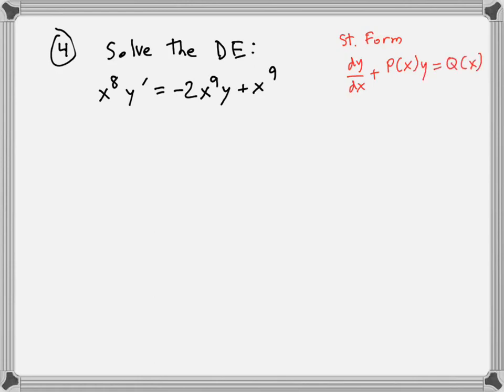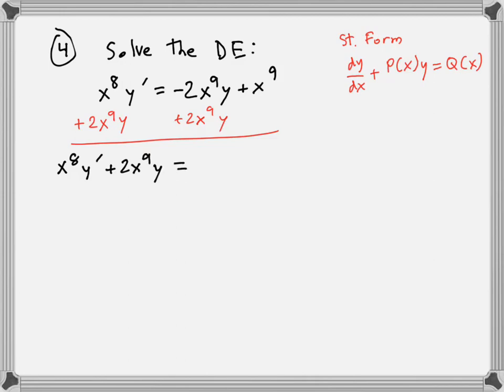So what we need to do is get everything with a y in it on the left first. So I'm going to add 2x to the 9th y to both sides. If we do that, on the left side we have x to the 8th y prime plus 2x to the 9th y is equal to x to the 9th.